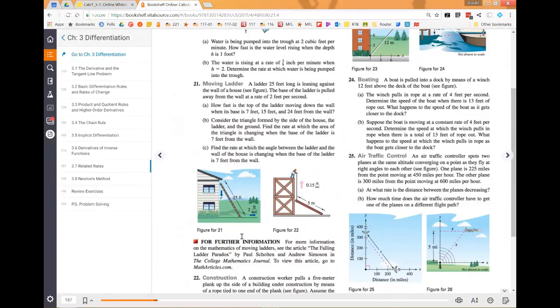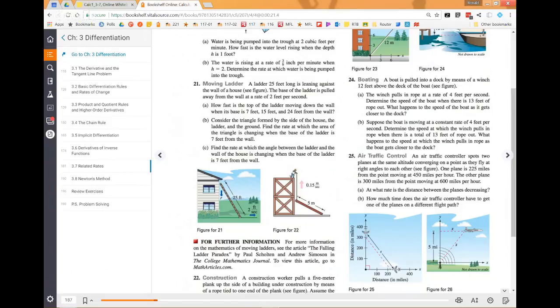So this time it's the area of the triangle, which is a different relationship. What do you know about the area of a triangle? Base times height divided by 2. So instead of starting with the Pythagorean theorem, you're going to be using bh over 2.